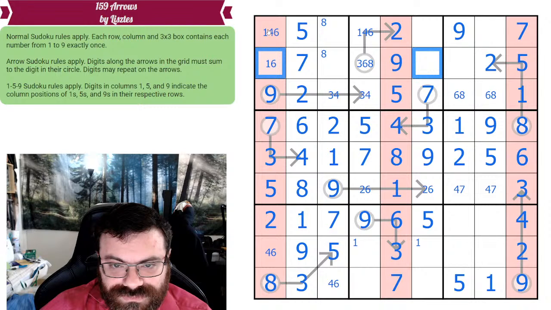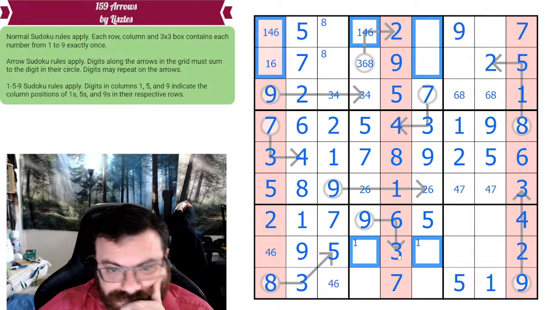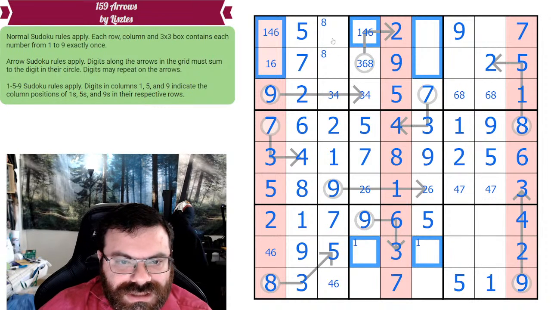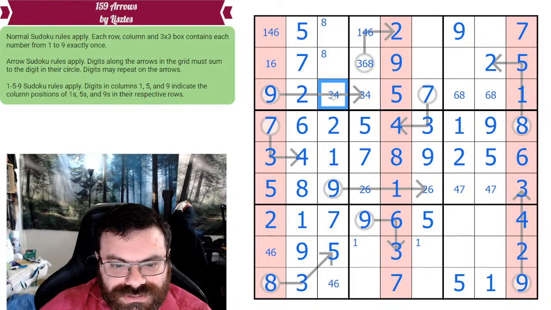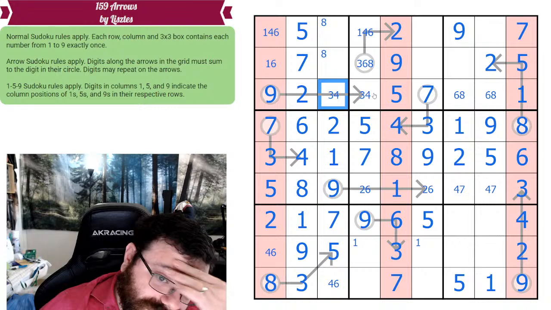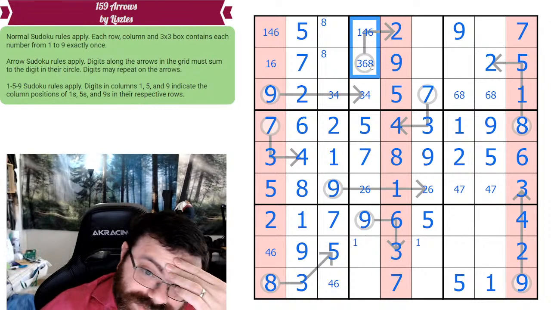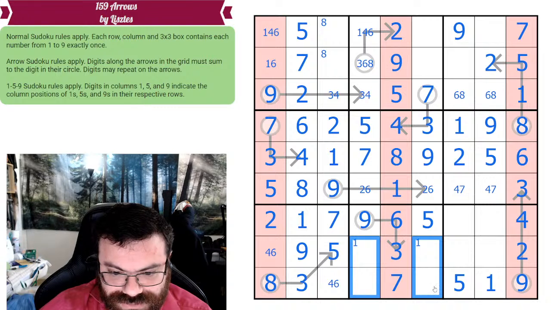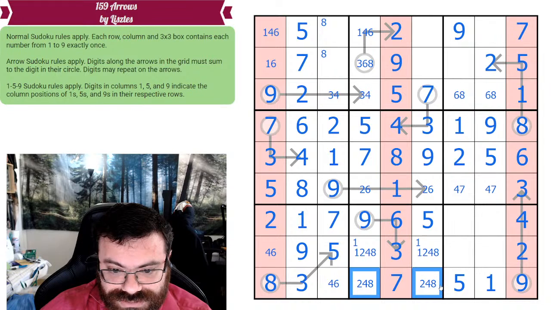So I kind of have swordfish on 1s now. But I think that's just where 1s can be. 3, 4. Is this at all restricted more? Maybe this box. We need a 1, 2, 4, and 8. These aren't 1. 2, 4, 8. These aren't 2.